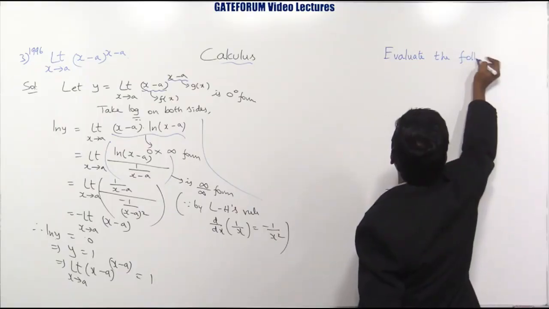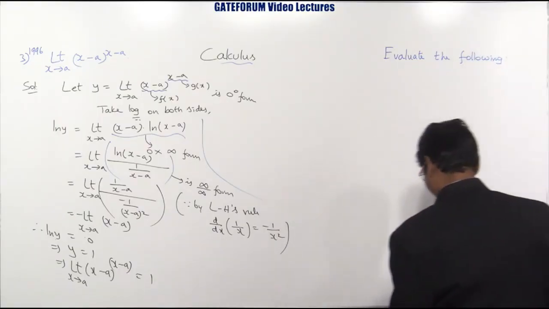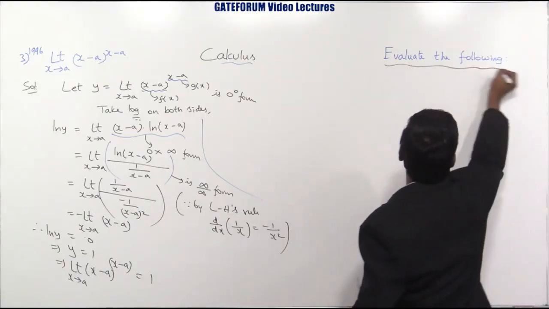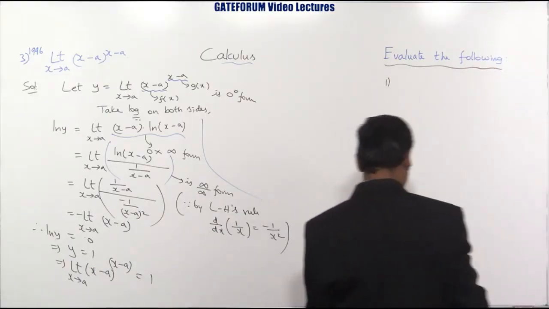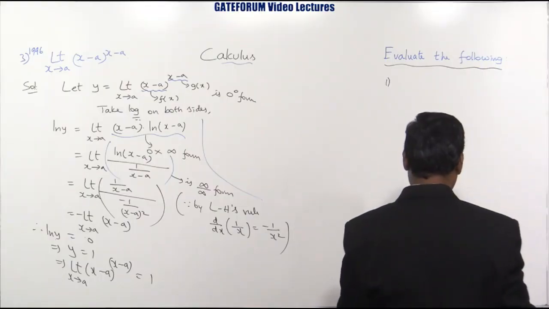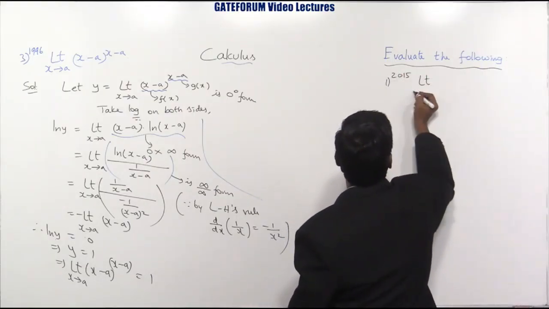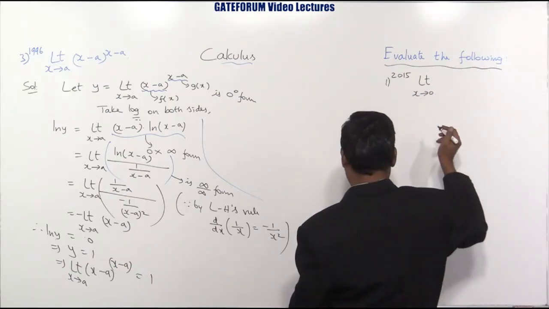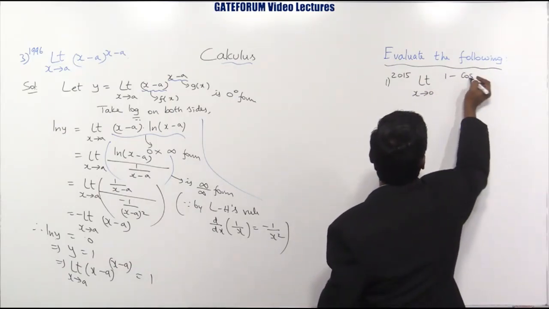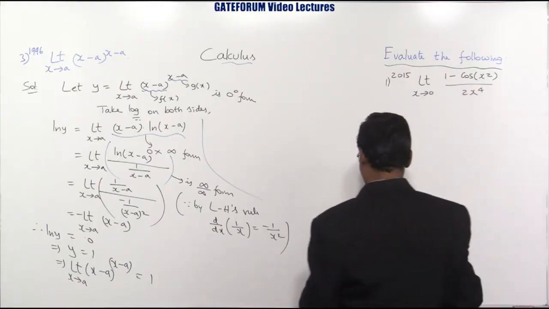Evaluate the following. Number 1, 2015: limit x tends to 0 of 1 minus cos of x square, divided by 2x power 4.